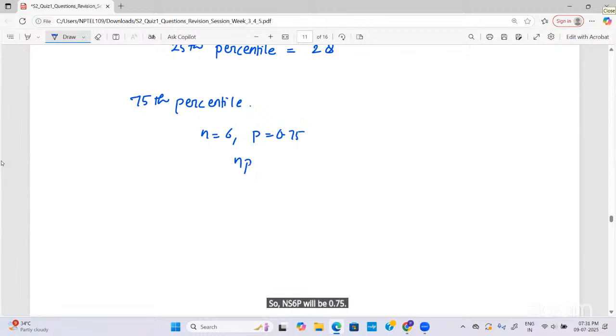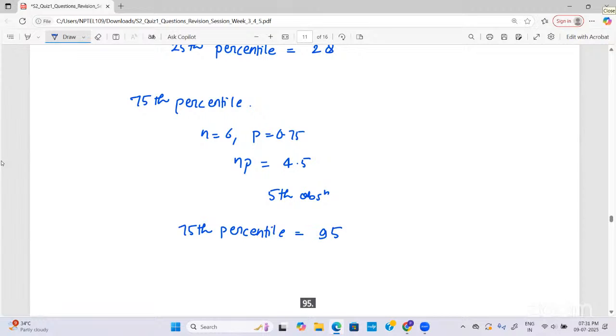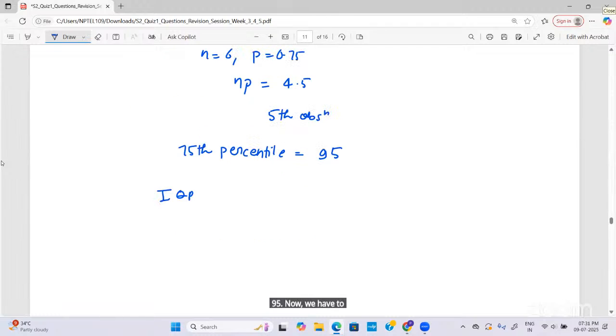So the value of NP will be 4.5, which means the fifth observation. So the 75th percentile value is 95.